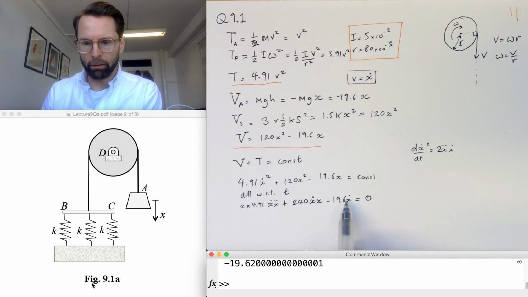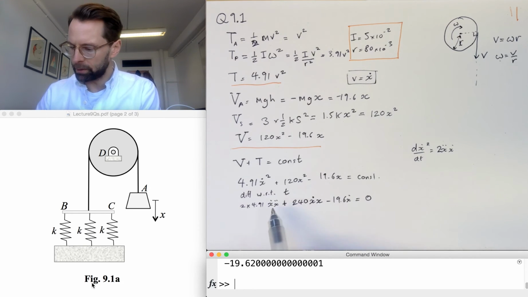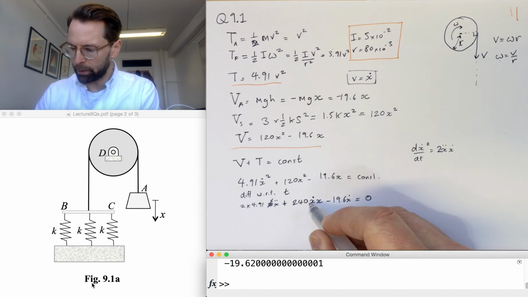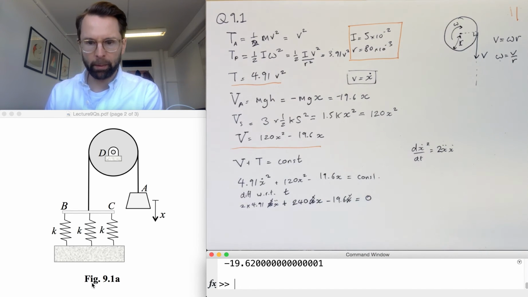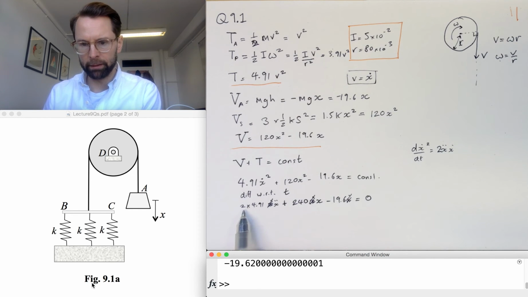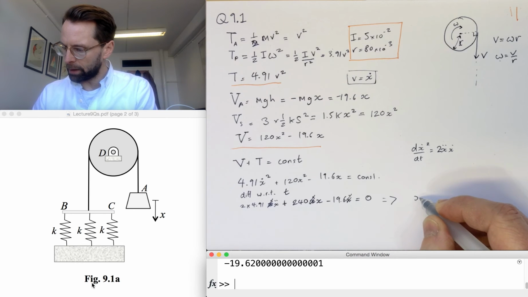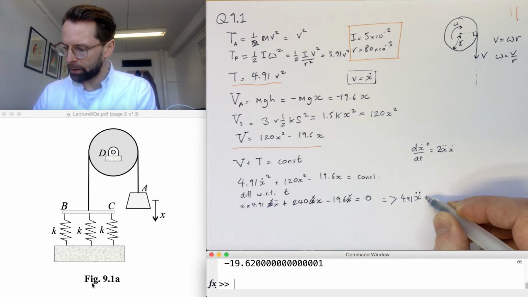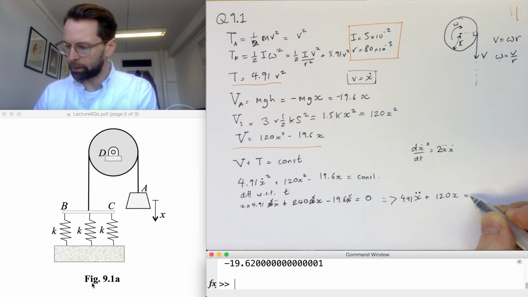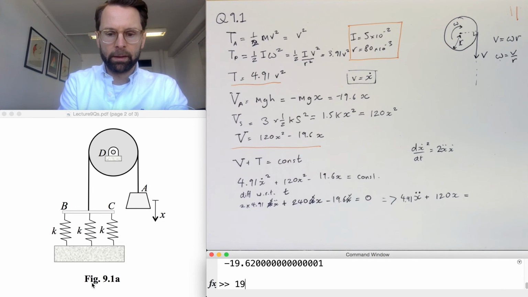And we can divide by x dot, so get rid of that, that makes things a bit neater. And I can divide by 2 actually. Anyway, so I'm going to rearrange that. That gives x double dot times 4.91 plus 120 x equals 19.6 divided by 2.